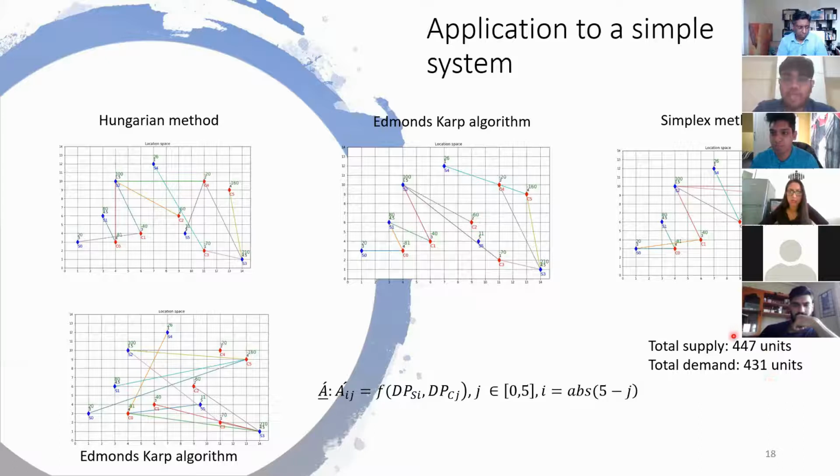And in this case, for all the networks rendered, the leftover unshared byproduct material was 16, which is the difference between these two values. What differed was how the supply was distributed. As you can see, each algorithm rendered different IS networks, implying that there are multiple solutions to the problem. And that's why you have multiple IS networks.